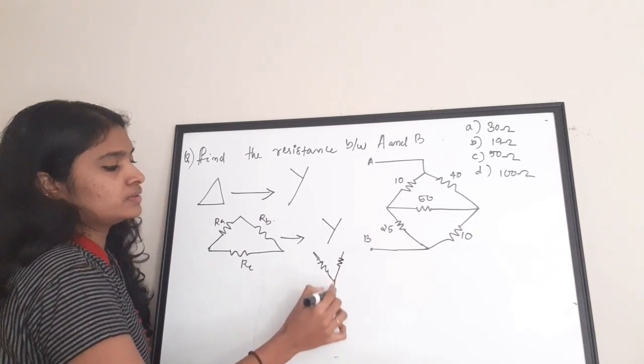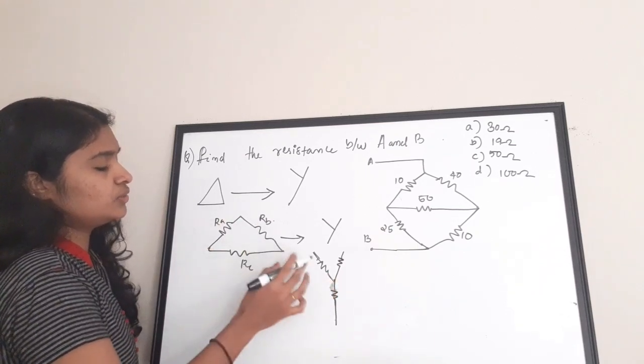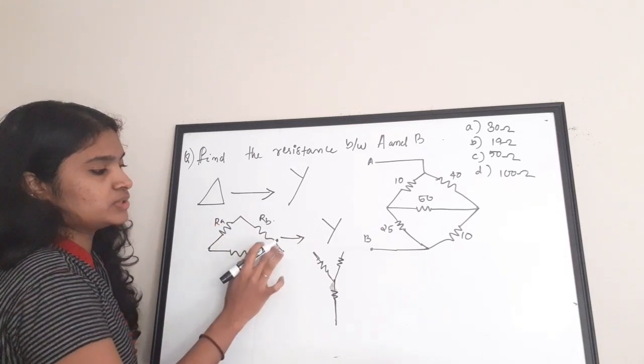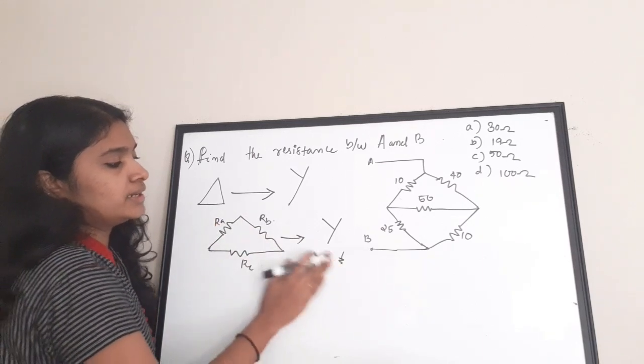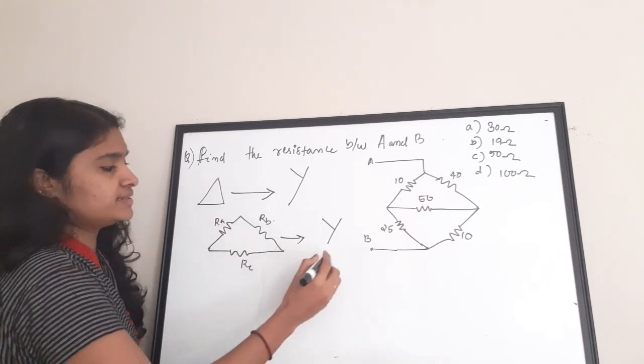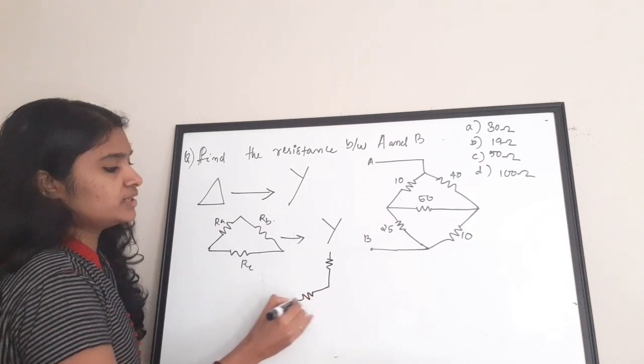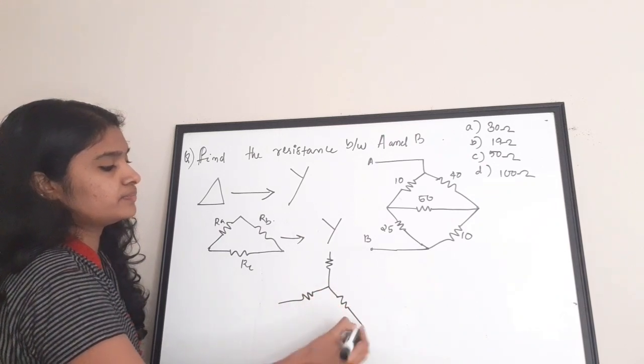Here, to form a Y connection, there is one branch here and one branch will come here. I'll draw it according to this delta. There is one branch here, one branch going here, and one branch going here.